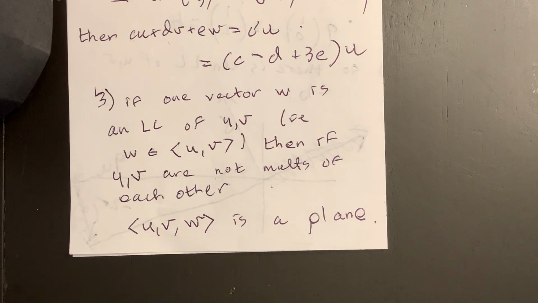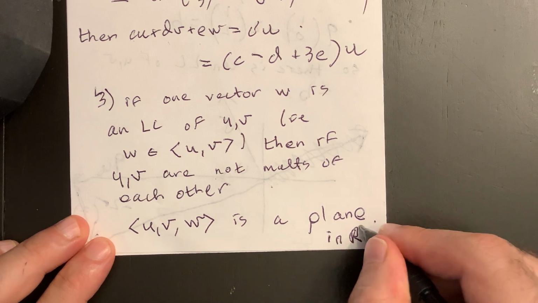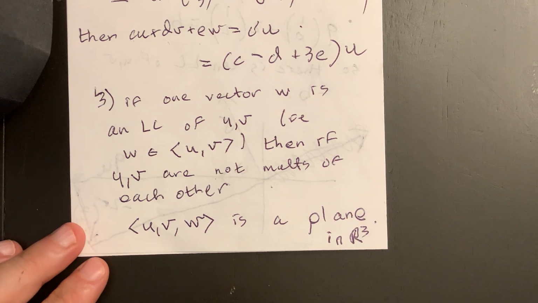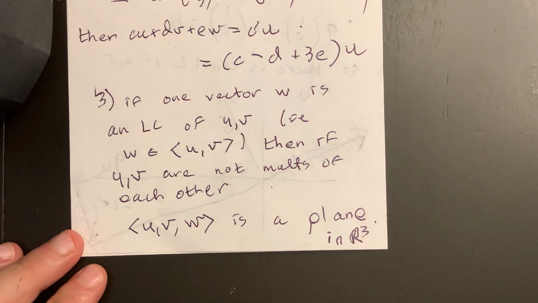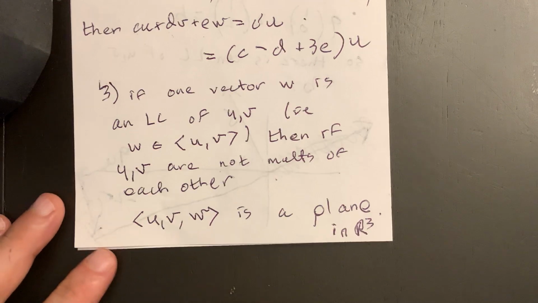Okay? So in this case, you have a plane in R3. Can you see a plane in R3 in your head? This is what it is. It's the span of two vectors in R3, and the third adds nothing. It just lands in the plane as well.